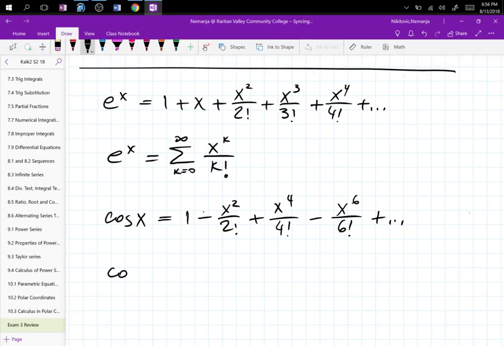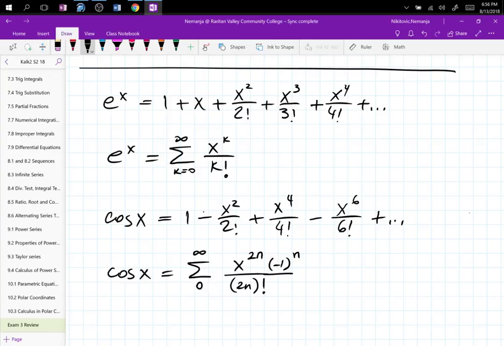Well, cosine x can also be compressed into a series, where you start with 0 and go to infinity, of x raised to the 2n power divided by 2n factorial. And then you also have negative 1 raised to the n, because you have alternating signs. So this power series is actually the compressed form.